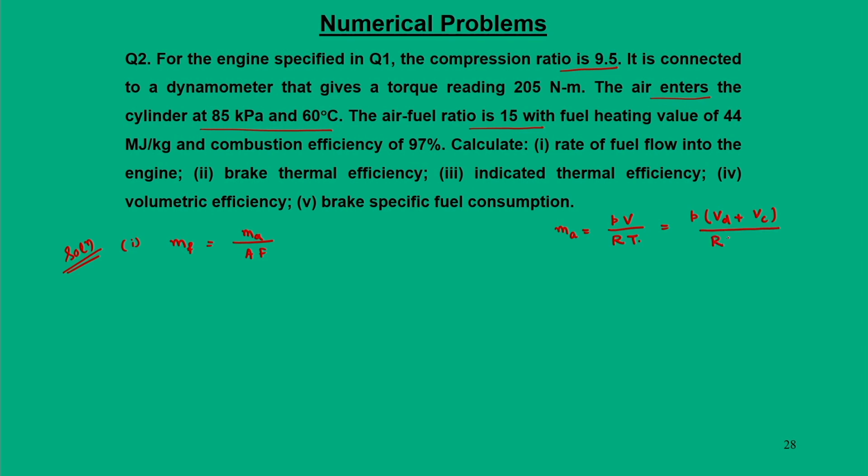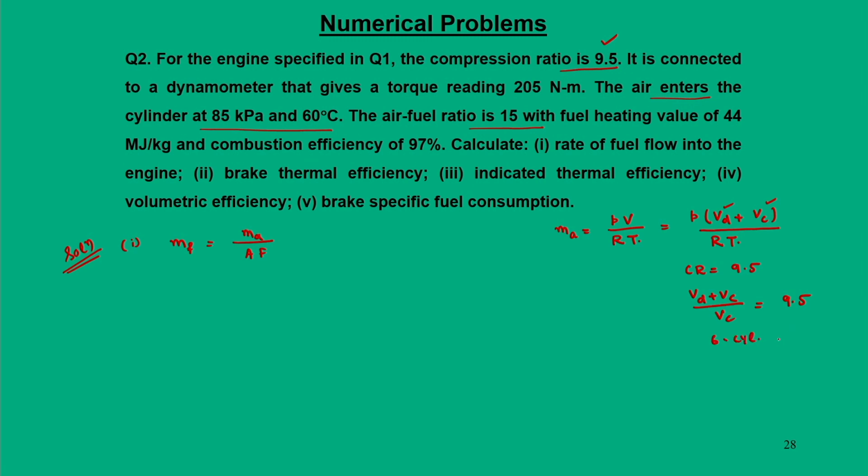Now, we do not know the displacement volume and clearance volume. To calculate these, what we know is the compression ratio. So, you start your calculation with the compression ratio as 9.5. This will give you (Vd plus Vc) by Vc as 9.5, and it is a 6 cylinder engine.